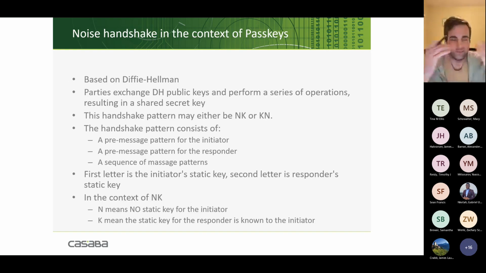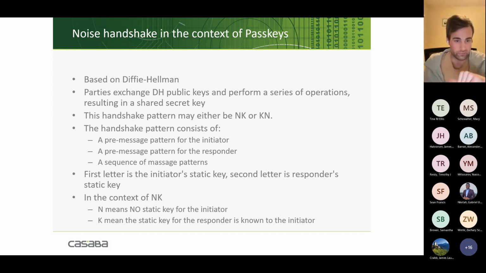So if you aren't familiar with what a noise handshake is, it's pretty much based off Diffie-Hellman. So they're going to exchange a bunch of public keys. There's going to be a bunch of operations, a lot of math involved. In this context, it's going to be an NK or a KN PSK that's going to occur. And NK or KN is nothing more than what's called a handshake pattern.